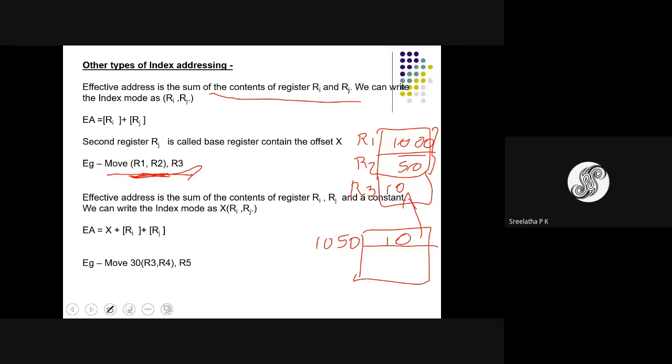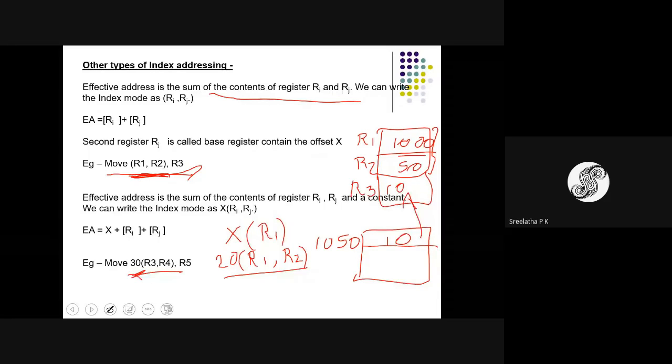If there is an offset, that is an address, and then within the brackets there is an index, or it can be two registers R1, R2 anywhere in the instruction, then it is indexed addressing mode. Or there can be an offset and two registers.